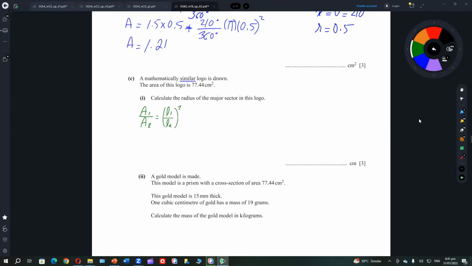First copy down the formula. We got an area 1.21. And he is giving a new area 77.44.